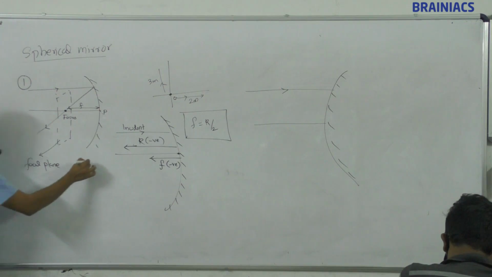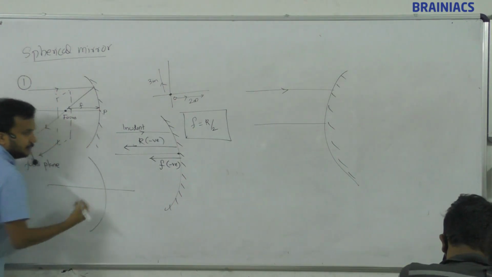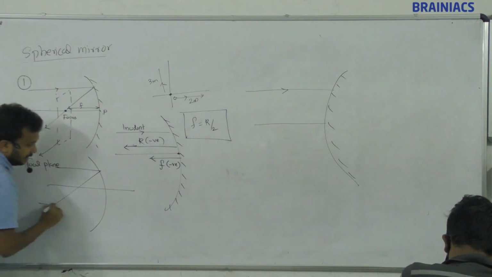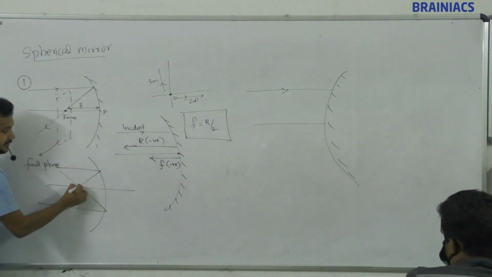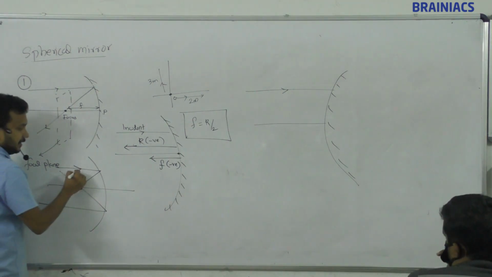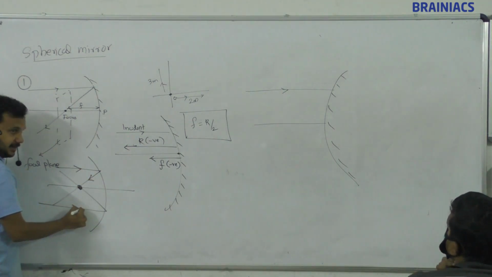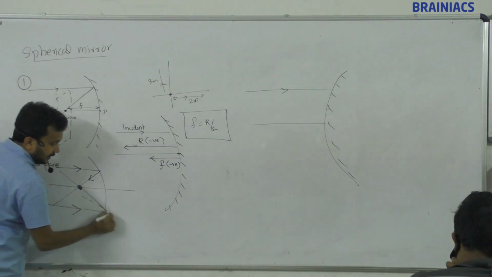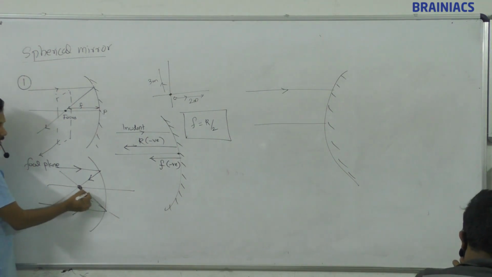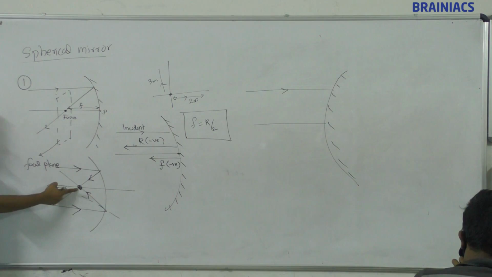A parallel ray is coming and meeting here. This is the incident ray and the reflected ray, with the angle of incidence and angle of reflection equal by the law of reflection. After reflection, both meet at the same point.